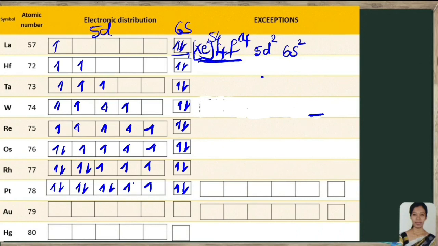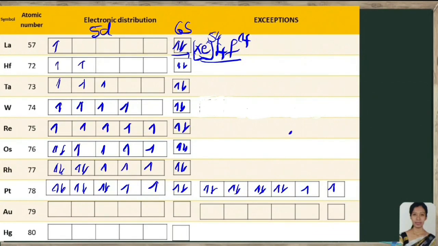If this electron comes here, the 6s orbital will be half filled. That's why one electron is filled in the 6s orbital, and another 9 electrons will be in the 5d orbital.